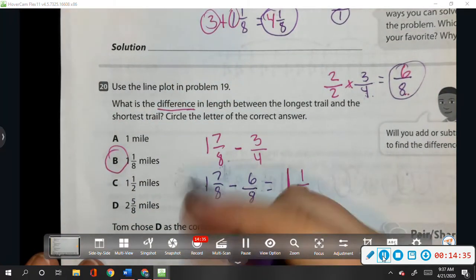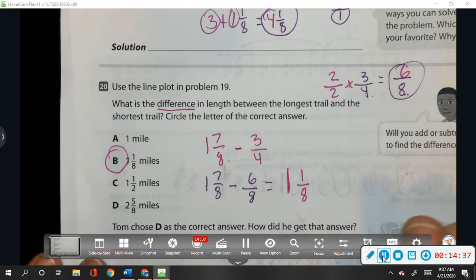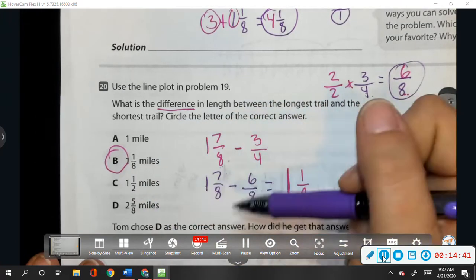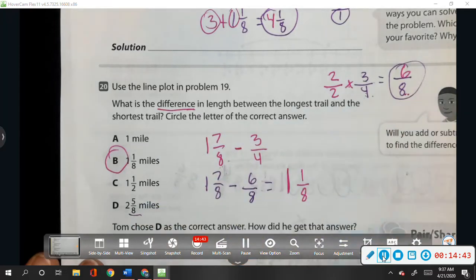Now, down here it says Tom chose D as the correct answer. How did he get that answer? So let's see, his answer says 2 5/8. So I'm thinking he might have subtracted without changing.